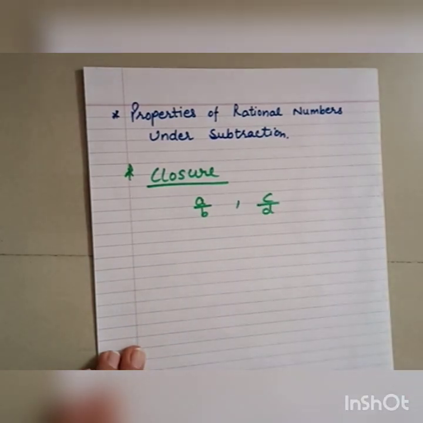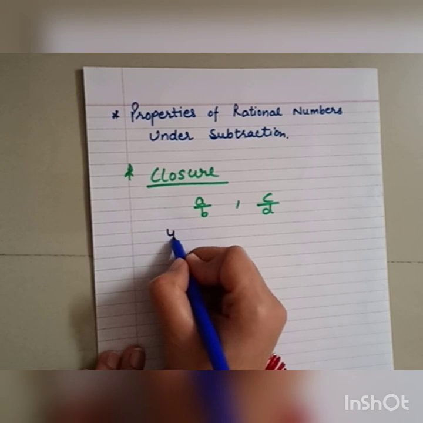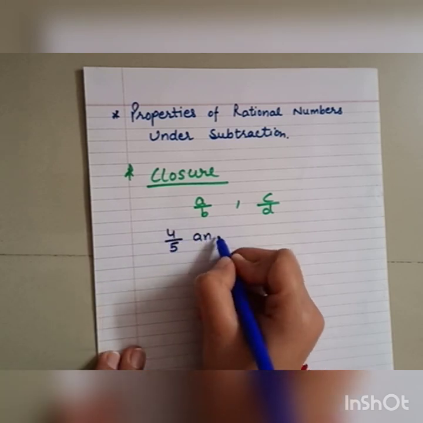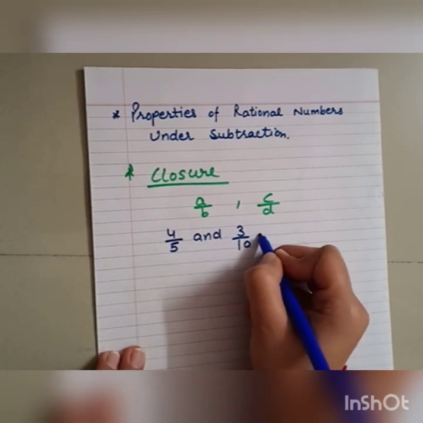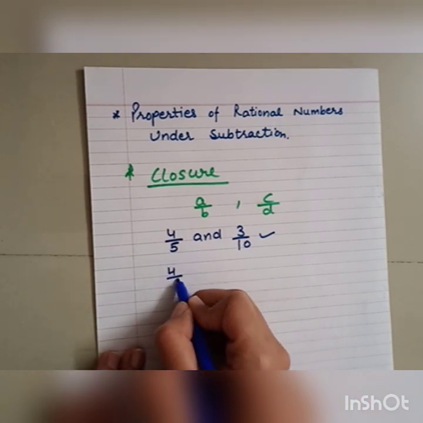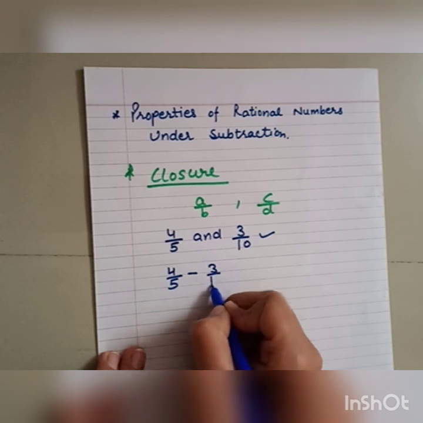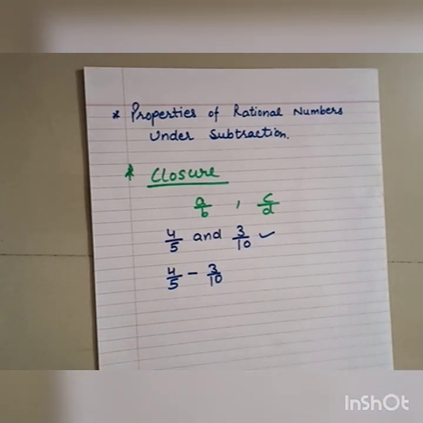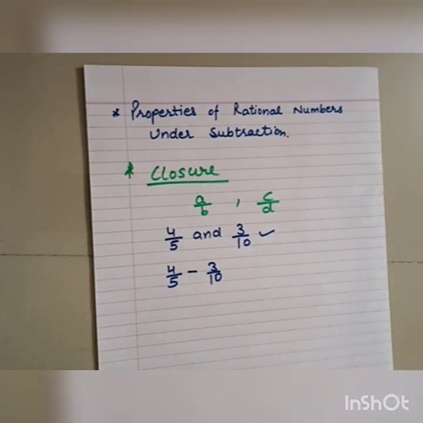Take one example: 4 by 5 and 3 by 10. These are two rational numbers. Then we have to check when we subtract these two, 4 by 5 minus 3 by 10, whether we get a rational number or not. If our answer is a rational number, then the closure property is satisfied for rational numbers under subtraction.